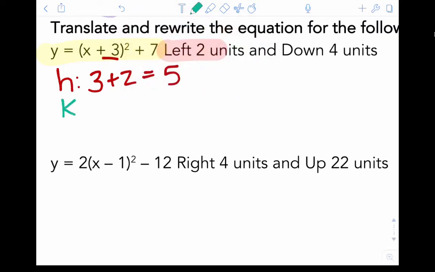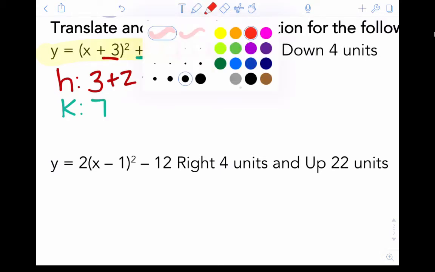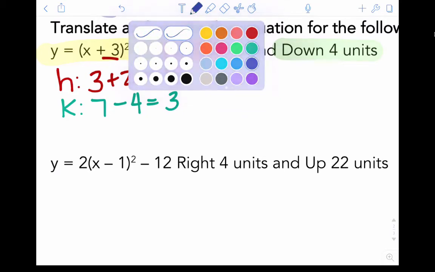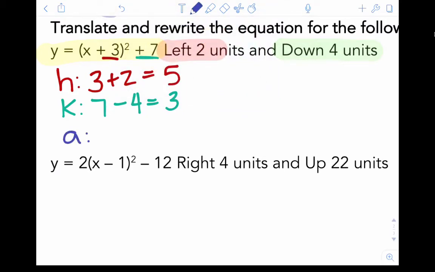Next, I'm going to think about my k. Well, my original k is 7, and then it goes down 4, which means I'm going to decrease by 4, so my new k becomes 3. And then lastly, I need to think about my a. Well, my a was 1. There's no change, so it just stays as 1.